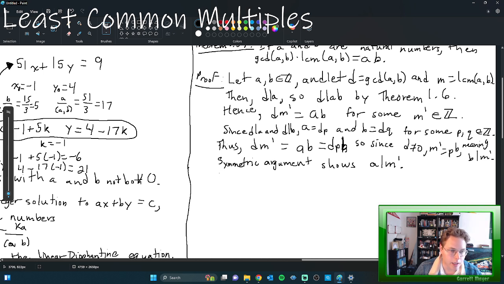So we're going to let n be some other common multiple. So n is going to be an integer such that A divides n and B divides n.